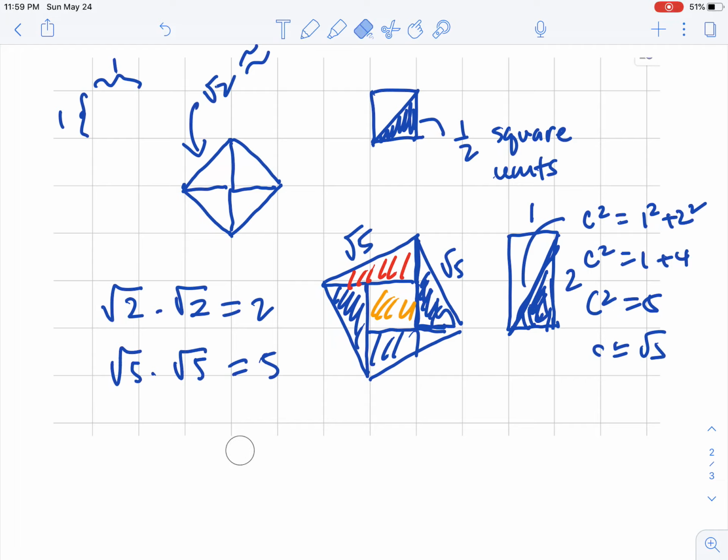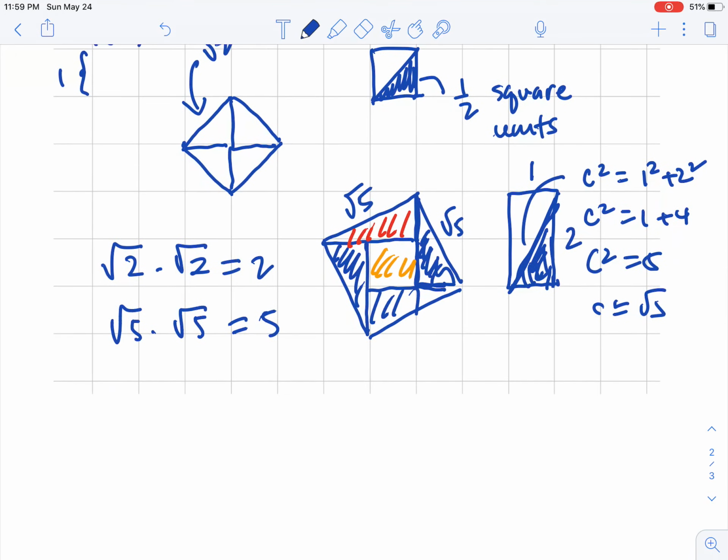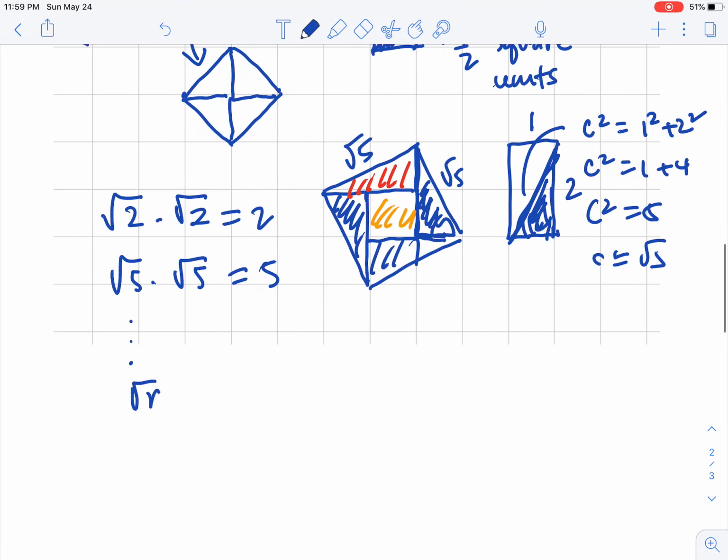Okay? So, ano ibig sabihin nito at bakit ko pinapakita ito sa inyo? If you do more experiments like this, more investigation, you will notice that square root of n times square root of n is equal to n, where n is positive.